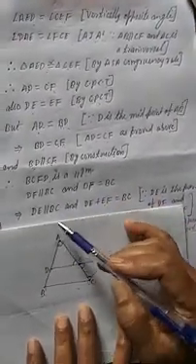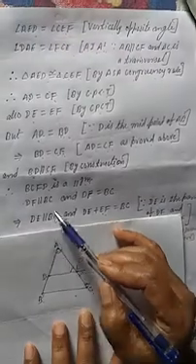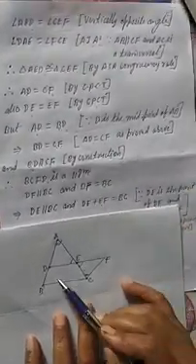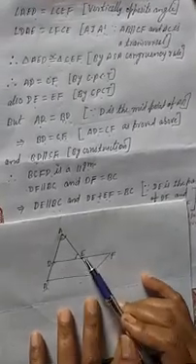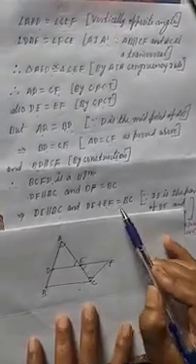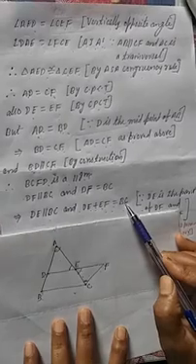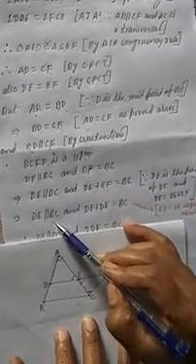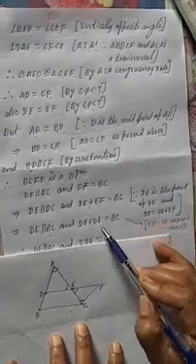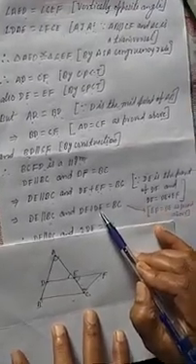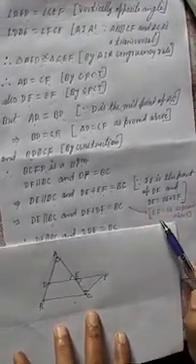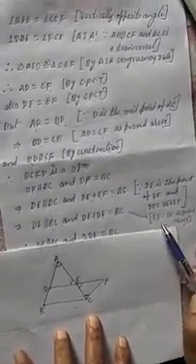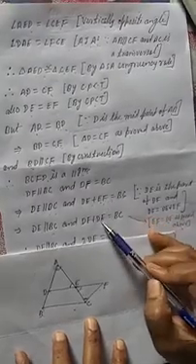Now we have to prove that DE is parallel to BC as it is, and DF equal to DE plus EF. So DE plus EF is equal to BC. Okay student, DE parallel to BC we write as it is, and EF equal to DE we have already proved. So we can put EF equal to DE.